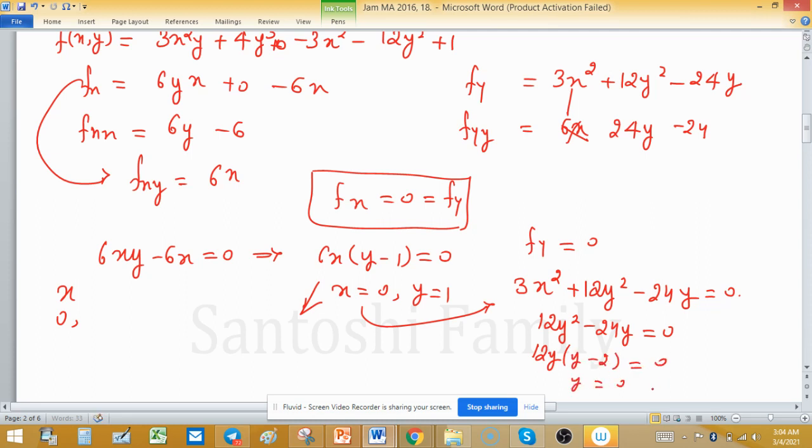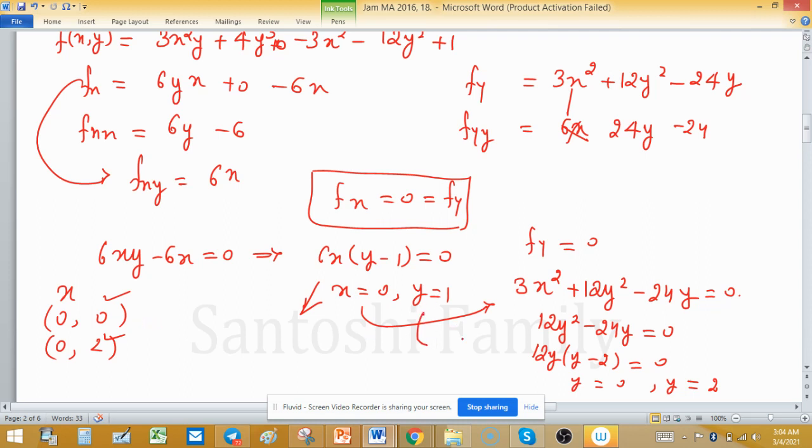So y is 0 and y is 2. So when I put x as 0, I obtain y as 0 and 2. So these two are points.